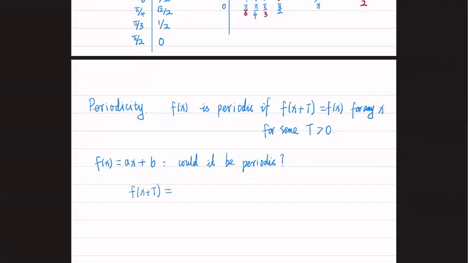We substitute x by x plus t and distribute: ax plus at plus b. When will this be the same as ax plus b?